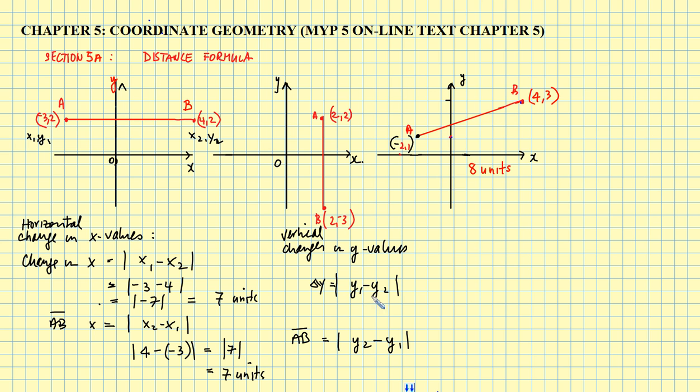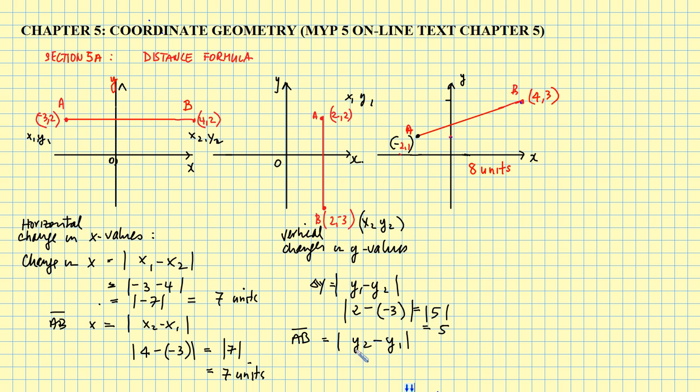So the length of AB could be, and I'll call this x1 y1, and this is still x2 y2, 2 minus -3, and you take the absolute value of that, it equals the absolute value of 5, which equals 5.